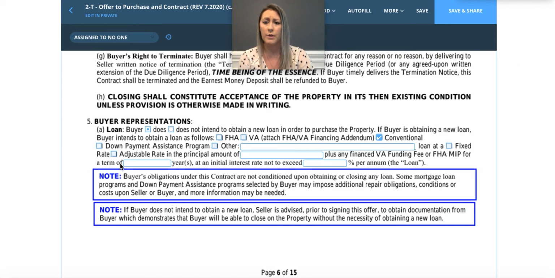And is it fixed rate or adjustable? We're going to say that this is a fixed rate loan. And then the amount of the loan. So how much is your client going to put down? This is a $450,000 house, and we're going to say that our clients are going to put down $50,000. So they're just going to ask for a loan in the amount of $400,000.